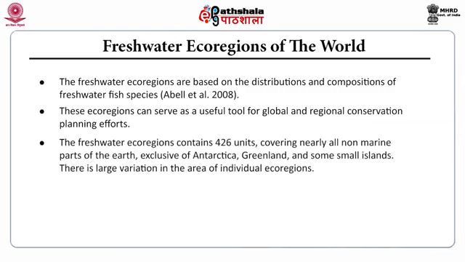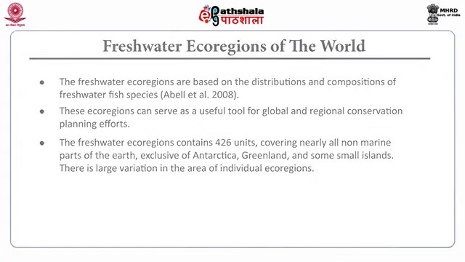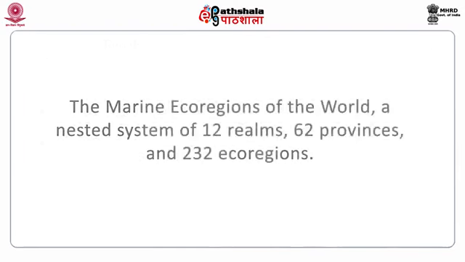The freshwater ecoregions contain 426 units covering all non-marine parts of the earth excluding Antarctica, Greenland and some other small islands. There is a large variation in the area of individual ecoregions. The marine ecoregions of the world, a nested system of 12 realms, 62 provinces and 232 ecoregions.